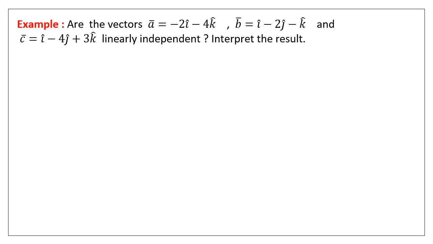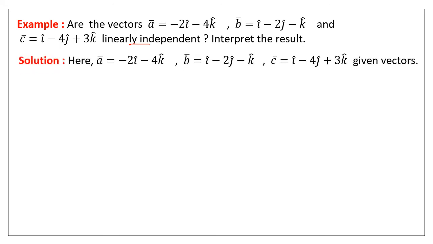Next example. Are the vectors a bar, b bar and c bar linearly independent? Now here 3 vectors are given. We have to find whether they are linearly independent or not, and interpret the result. Solution. Given vectors are a bar, b bar and c bar.